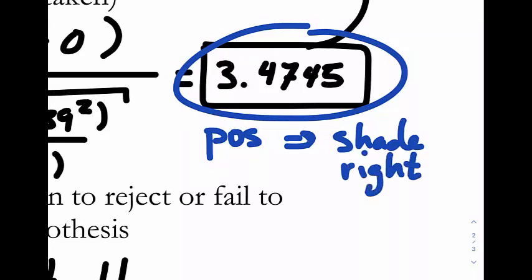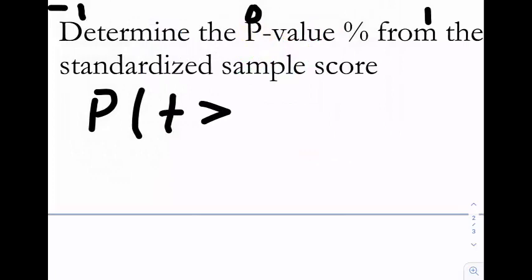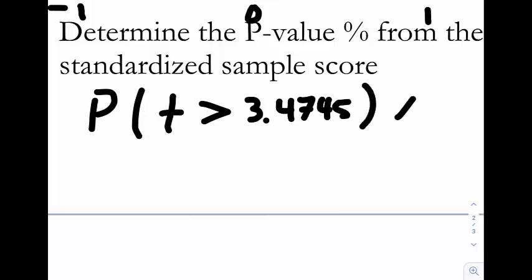If that number was negative, we would have shaded to the left. So because that's positive, I'm going to go to the right, or in other words, greater than that number, 3.4745. And then take your answer and multiply it times 2.